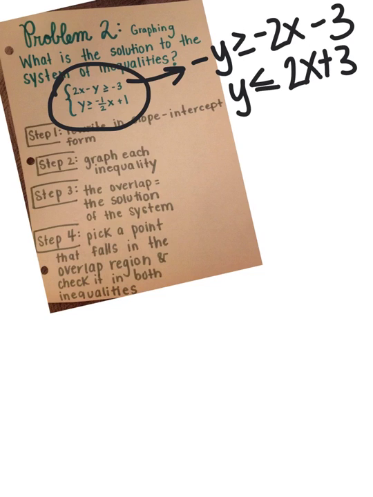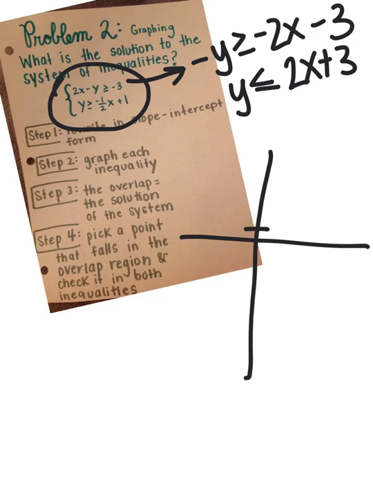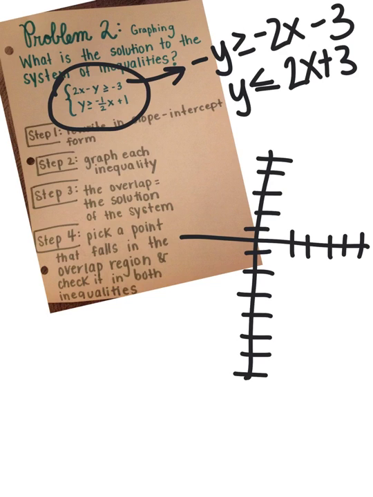Step 2 is to graph them. Now this is going to be hard on the iPad, but I'm going to do my best, and you guys are going to do a way better job because you actually have real graph paper. Okay, so let's see if we can do this right. Okay, if I look at my first inequality, let me do this one in red.